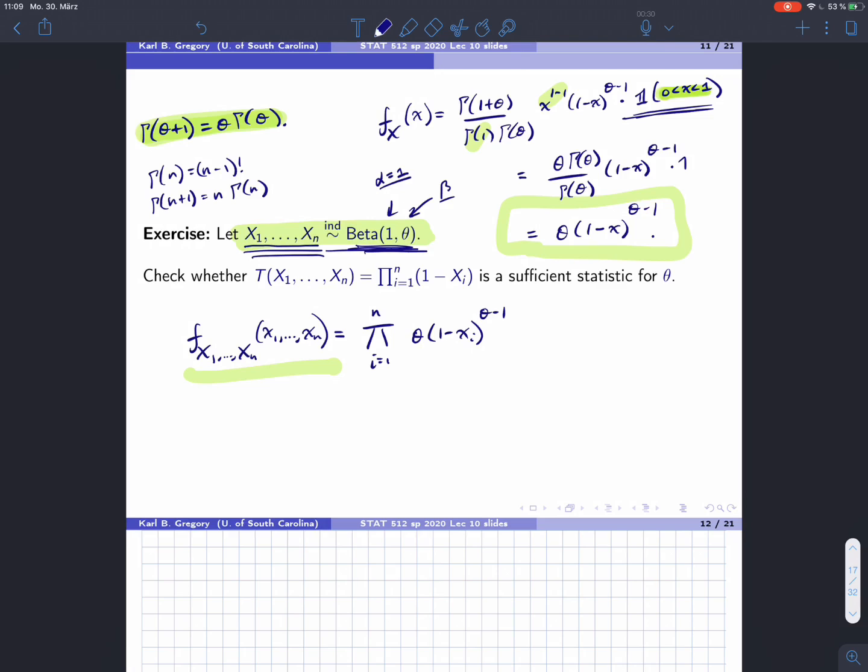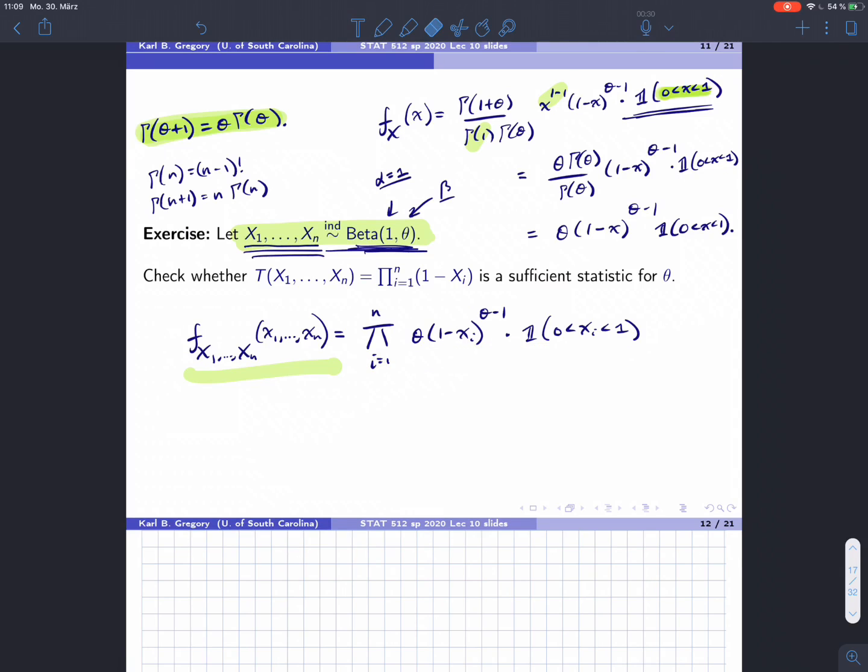So why don't I just go ahead and include here an indicator function to that effect. So here I'm going to have the indicator function of x between 0 and 1. Now here I'm going to have the indicator of xi between 0 and 1, since I'm just taking a product over those.